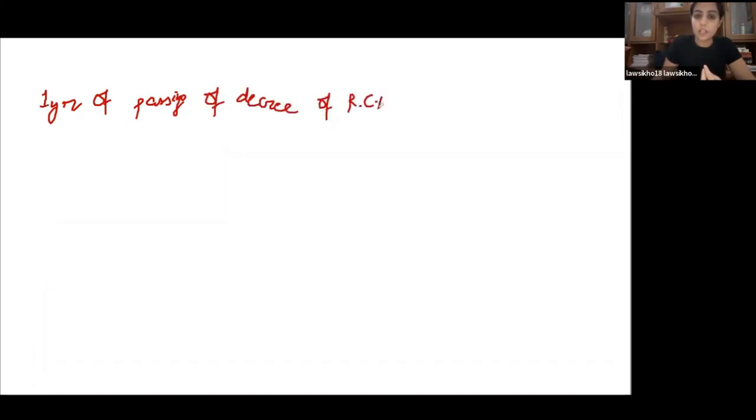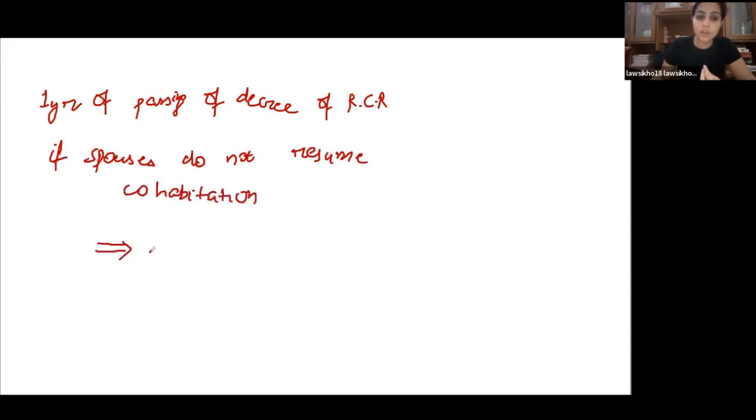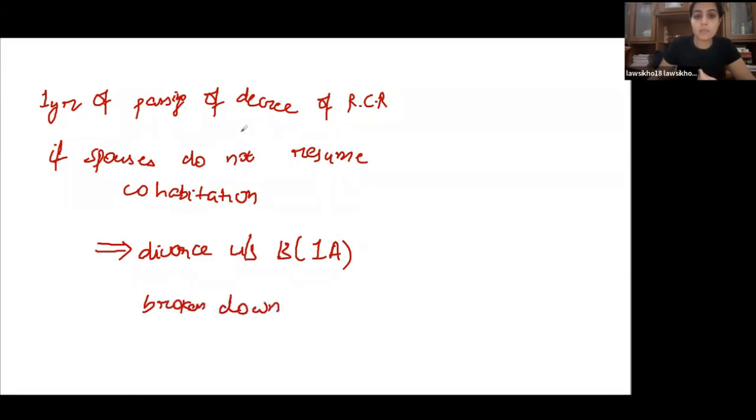So after 1 year of passing of the decree, if the spouses do not resume cohabitation, either of them can approach the court for divorce under section 13(1)(a) on the ground that their marriage has broken down completely and this decree has remained unsatisfied. Clear till here?